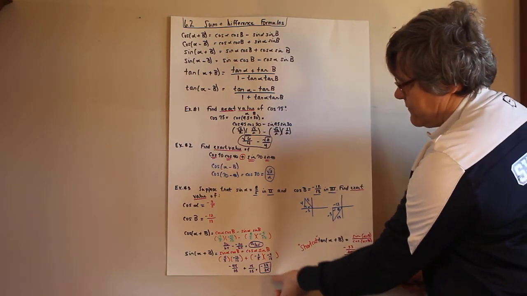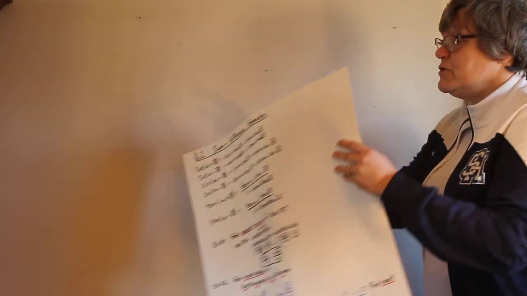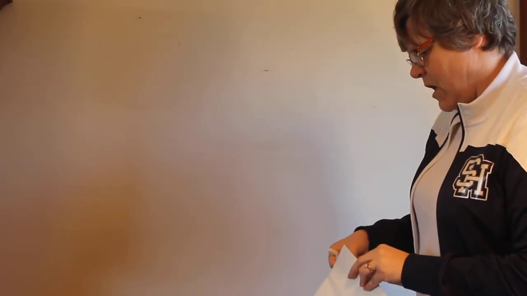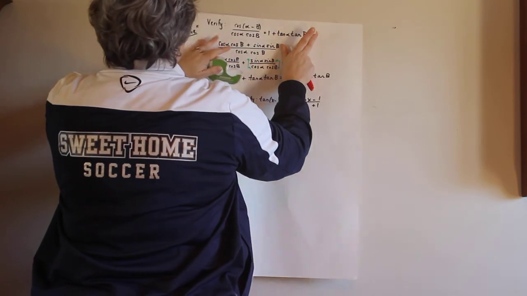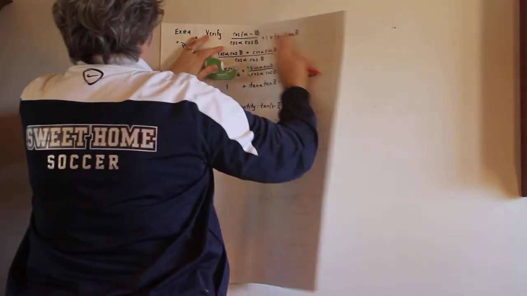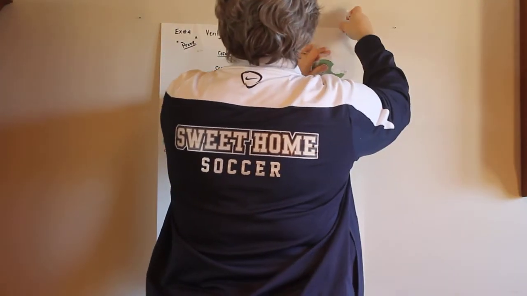Now, we have something called verify. We are going to do verifying problems here, and the verifyings are proofs, baby proofs. They're not terrible, but they're proofs nonetheless. These aren't bad at all. We're going to do some a little bit later today that are a lot worse than this.